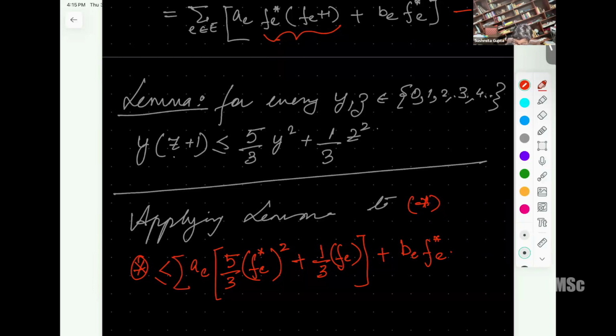Okay, and of course this will all add over here. Is this correct now? I don't think so. Is the term multiplied with 1/3 squared of FE star?